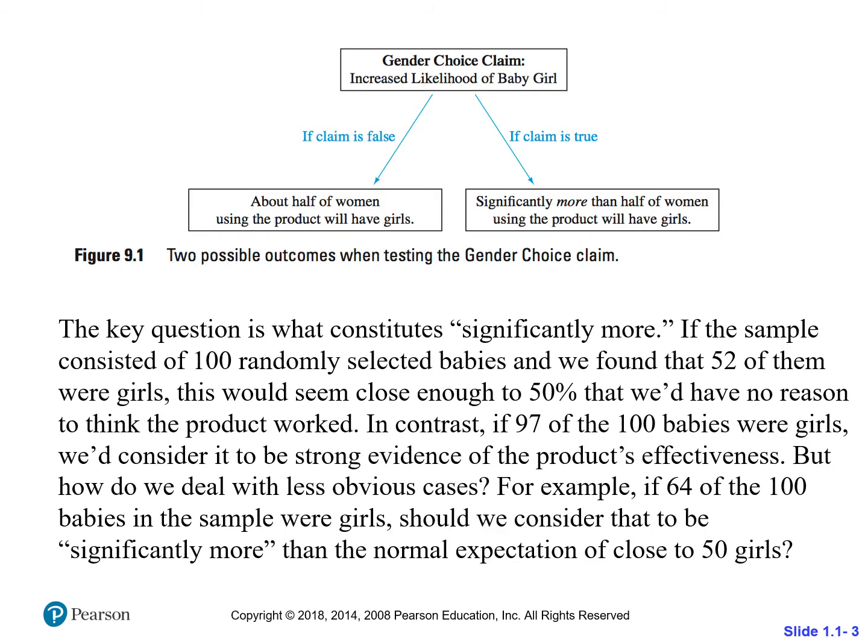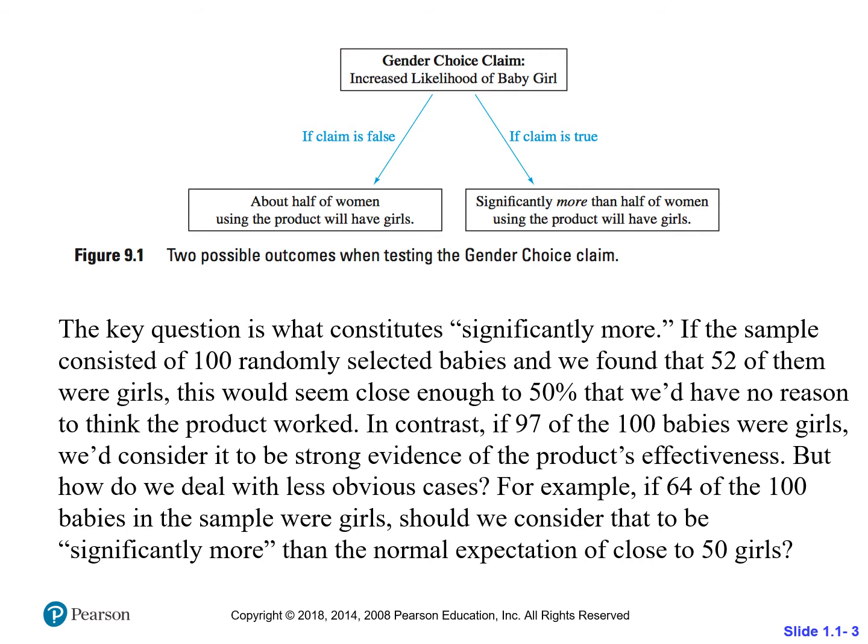So just kind of a visualization. We've got Gender Choice, increase the likelihood of a baby girl. If it's true, then we would have significantly more than 50% with baby girls. And if it's false, we would see about half having boys and half having girls.